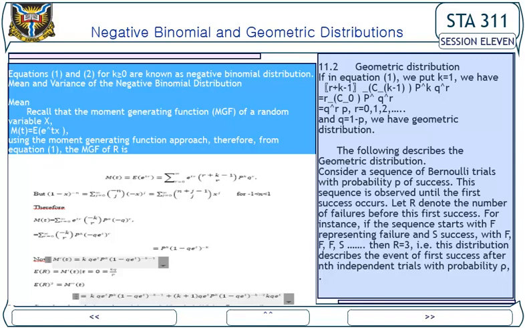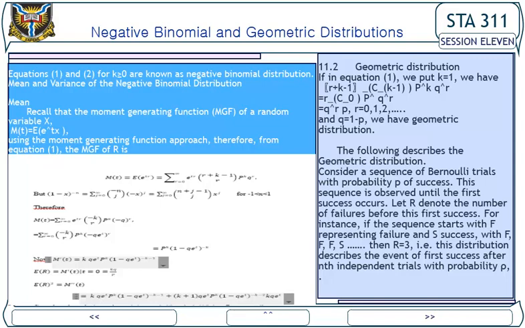Mean and variance of the negative binomial distribution. Mean. Recall the moment generating function, MGF, of a random variable X, M of t. Using the moment generating function approach, from equation 1, the MGF of R is, but 1 minus x in bracket raised to power minus n is equal to the series, for minus 1 less than x less than 1.